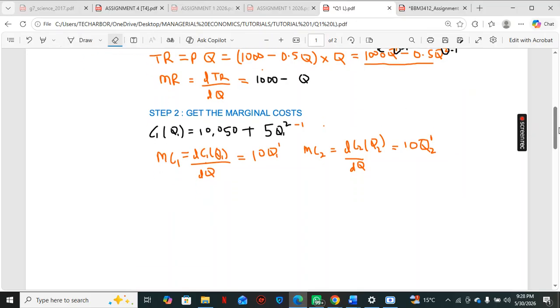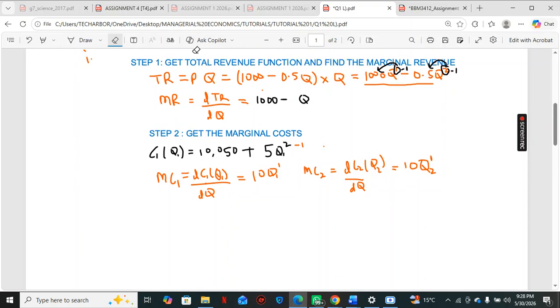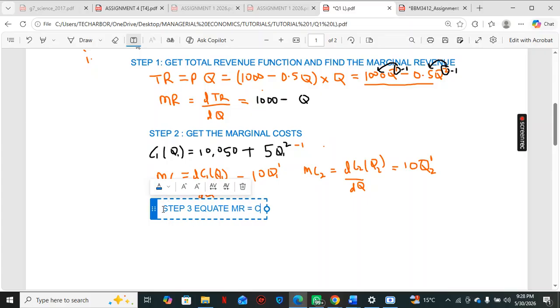Then finally, step 3. Equate marginal revenue to marginal cost to get profit maximizing quantities.